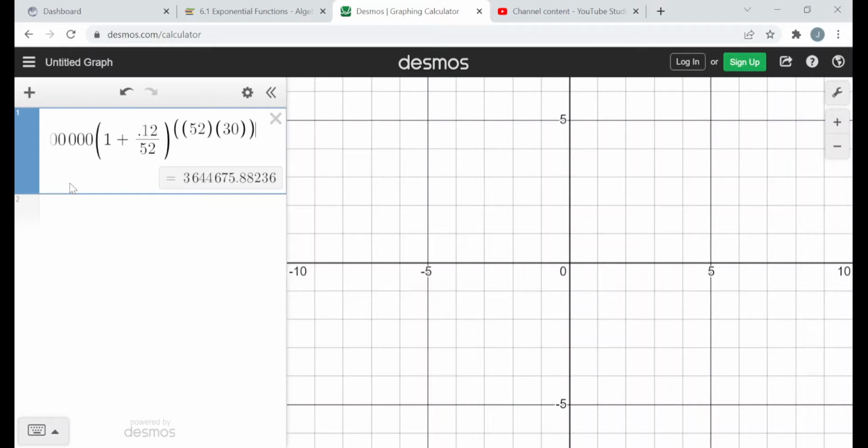And yeah, here we go. If I put this $100,000 into this account and left it alone for 30 years and it grew at the same nominal rate every year, we'd end up with, after 30 years, it'd be worth $3,644,675 and about 88 cents if I'm rounding to the nearest cent.